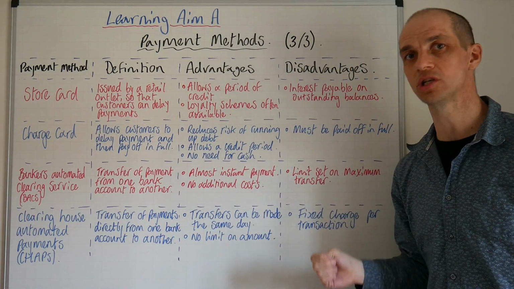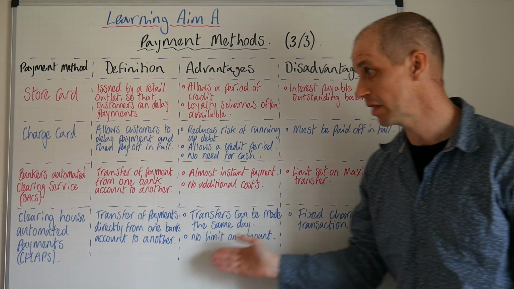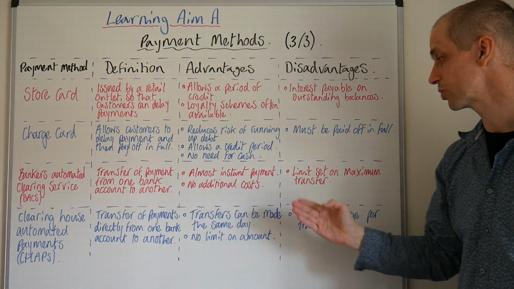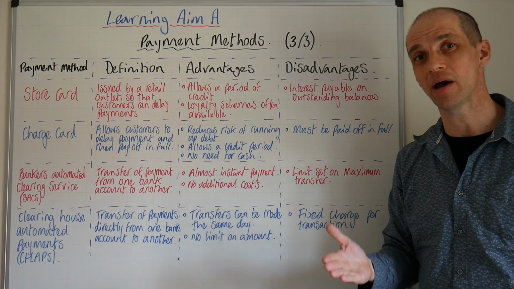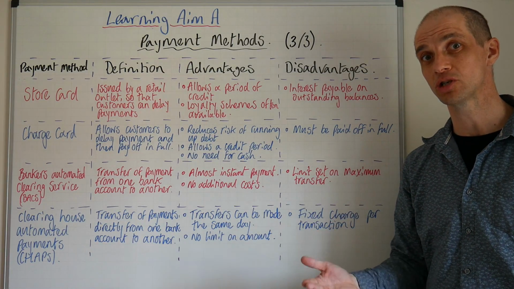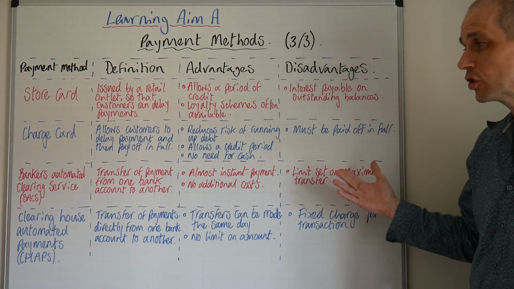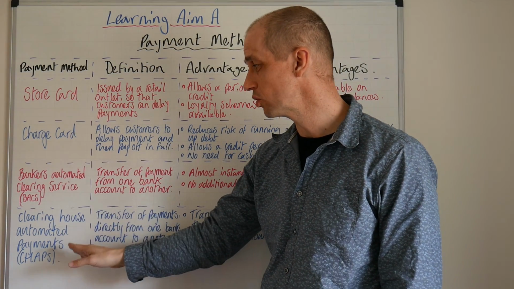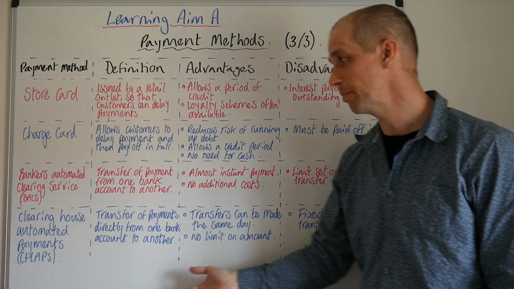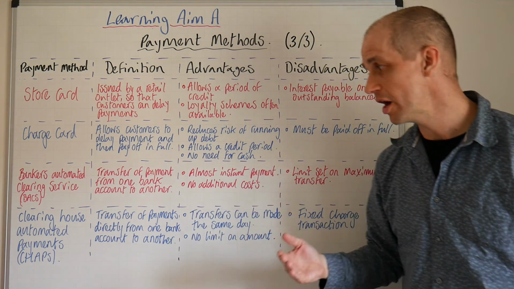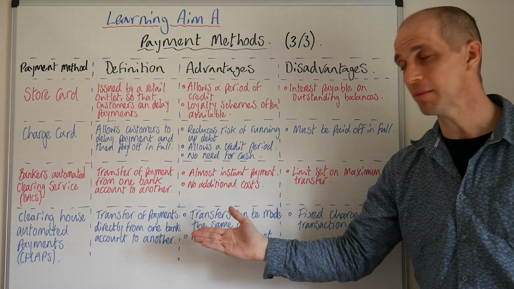Okay, there's no additional cost to this BACS method, as it's also known here, and there's also a limit which is set on the maximum amount you can transfer. Now this one really contrasts with what we see with the Clearing House Automated Payment System here, also known as CHAPS.